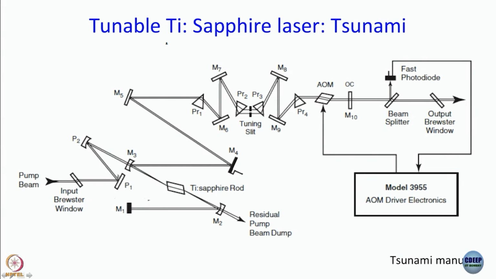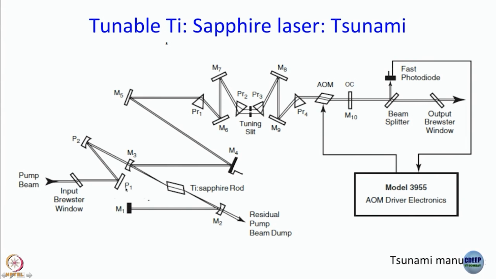component does. So, you have the pump beam coming in from here, from the left. Okay. There is a Brewster window. When we talk about nonlinear optics, we will discuss the Brewster effect. It goes in. So, this is the entry point of your Tsunami laser. Okay. Go straight.